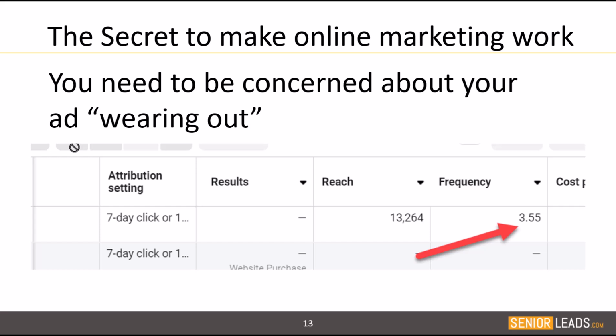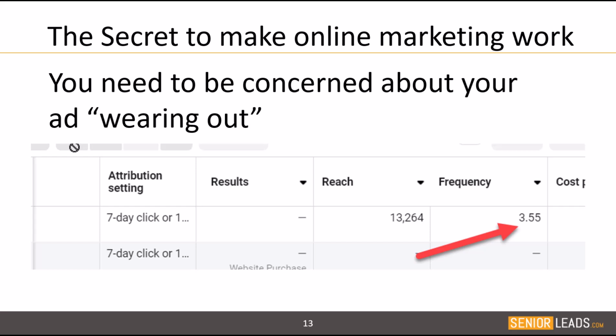For example, over a 3-week period, an ad that we ran had a frequency of 3.55. That's telling us that, given the people we were targeting, the average person saw the ad 3.5 times. Well, if we keep showing the same ads to people, it's going to wear out. It won't have any impact.